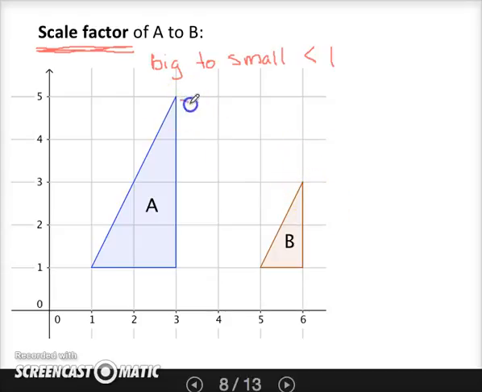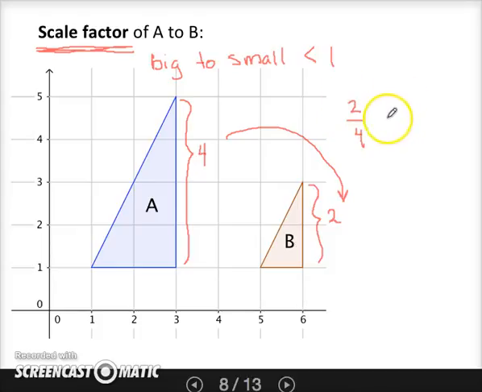So again, let's look at the sides that correspond to each other. This side length was 4 and this side length is 2. If I want to shrink triangle A down and get it to be the size of triangle B, I have to take this side of length 4 and shrink it down to become a side of length 2. So the scale factor in this case would be 2 over 4, or 1/2.